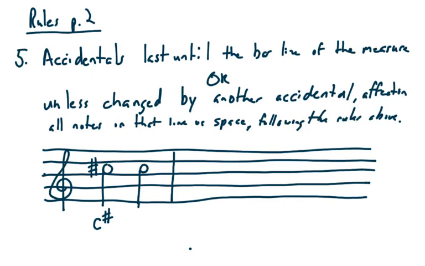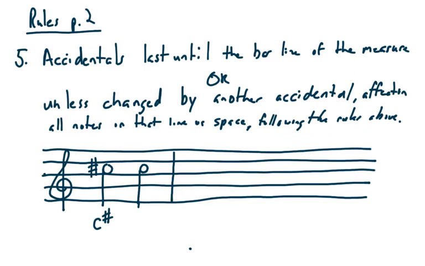So, if this is C sharp, and we haven't hit our bar line yet, this is C sharp and we haven't hit our bar line yet, what does this make? Is this C or C sharp? Well, these rules, accidentals last until the bar line of the measure, or unless changed by another accidental, affecting all notes on that line or space following those rules.